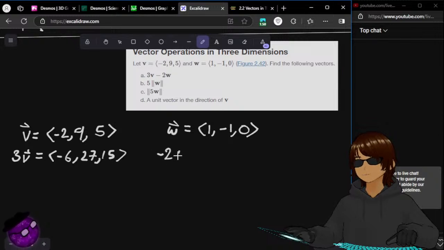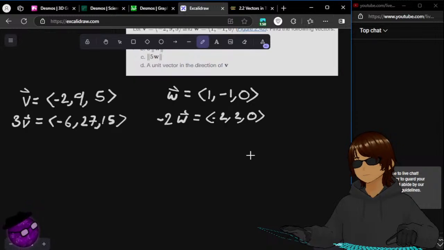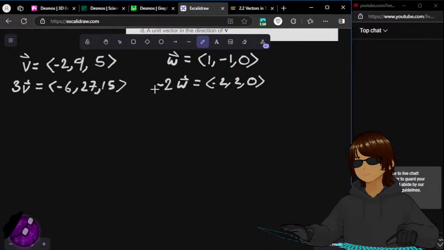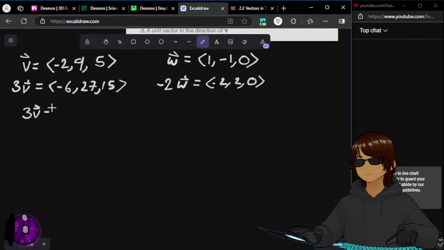And then negative 2W is negative 2, 2, 0. So adding these two together, we get negative 6 plus negative 2, which is negative 8. 27 plus 2 is 29. 15 plus 0 is just 15.